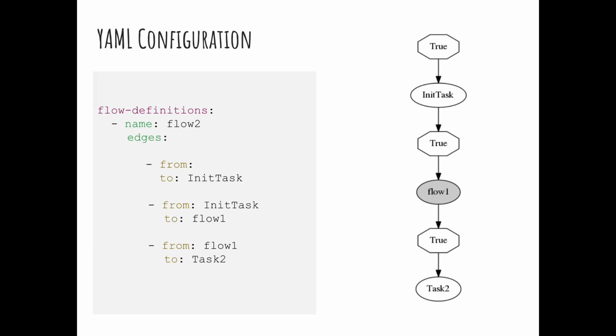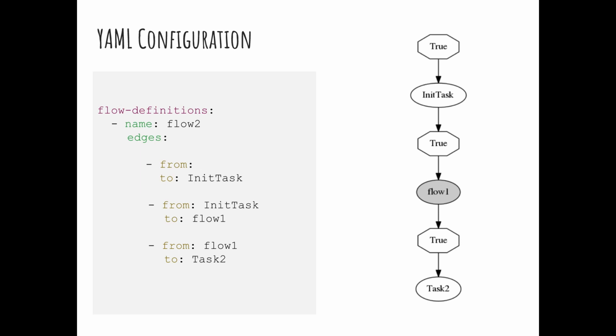in the YAML configuration file. Okay, now Selinon offers also subflows or nested flows. What does it mean? It means that you can run a flow from within a flow. So basically, Selinon does not strictly distinguish between a task implementation or task in the YAML configuration file and the flow definition. Tasks and flows create nodes in the YAML configuration file.